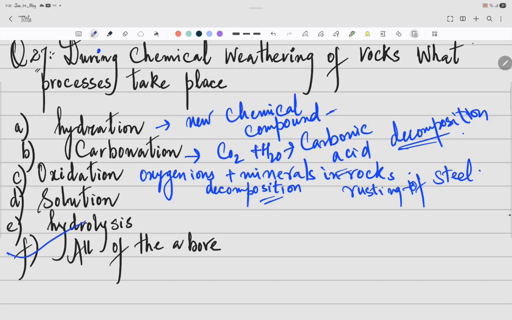And then comes the third reaction, solution, in which some of the rock minerals form a solution with water when they get dissolved in water. So the chemical reaction takes place in the solution and the soils are formed.